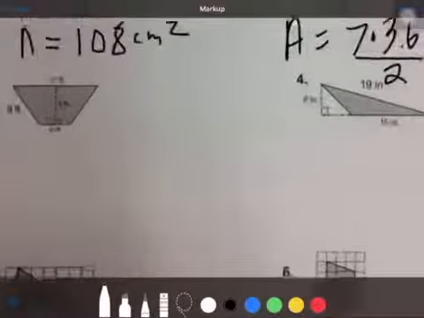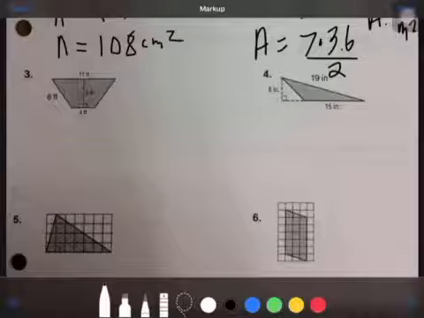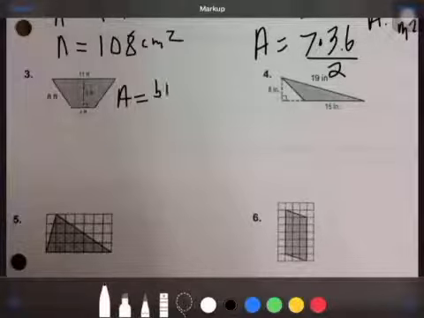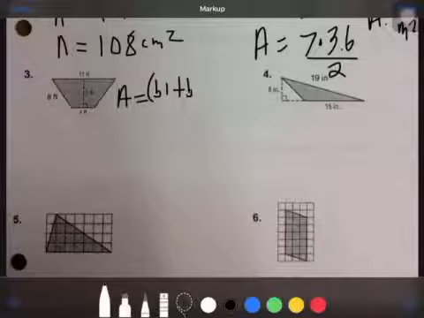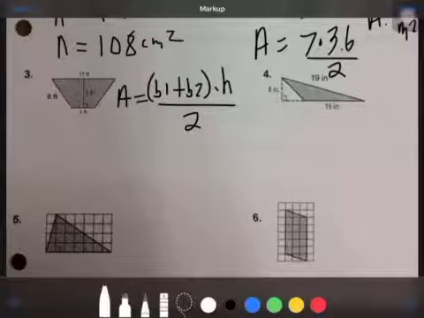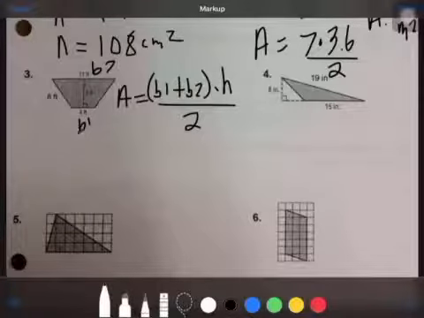Okay, going to that trapezoid for the next one. You're going to use your trapezoid formula, which is area equals base 1 plus base 2 times the height, all divided by 2. So when I look at the shape, there's two bases. I have base 1 right there, and I have base 2 on top. So put in my formula.